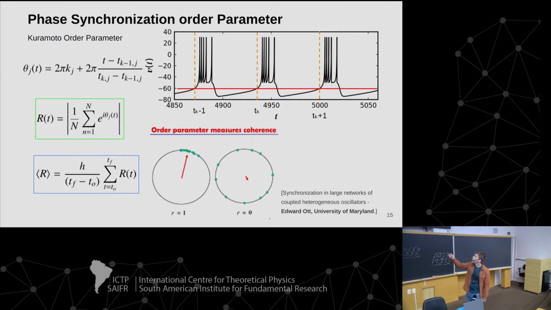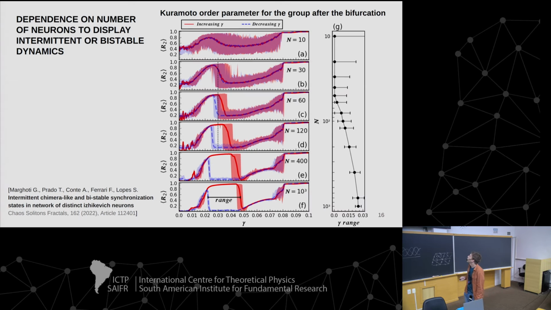And once the neurons are periodic, it's easy to set a threshold and say exactly when each burst begins and when each burst ends. This is based on a previous work where we explored the parametric space for this network, and I can show that when I increase the coupling strength and then decrease it, I have a hysteresis here.